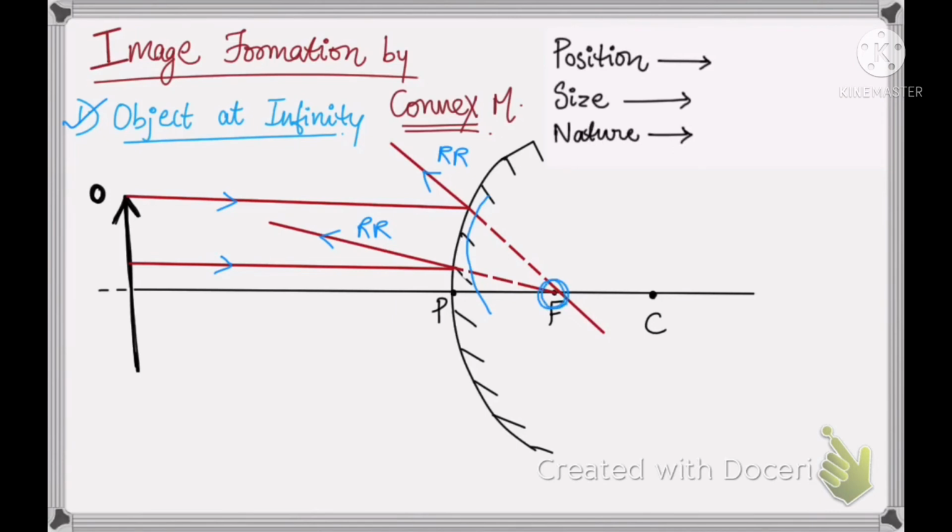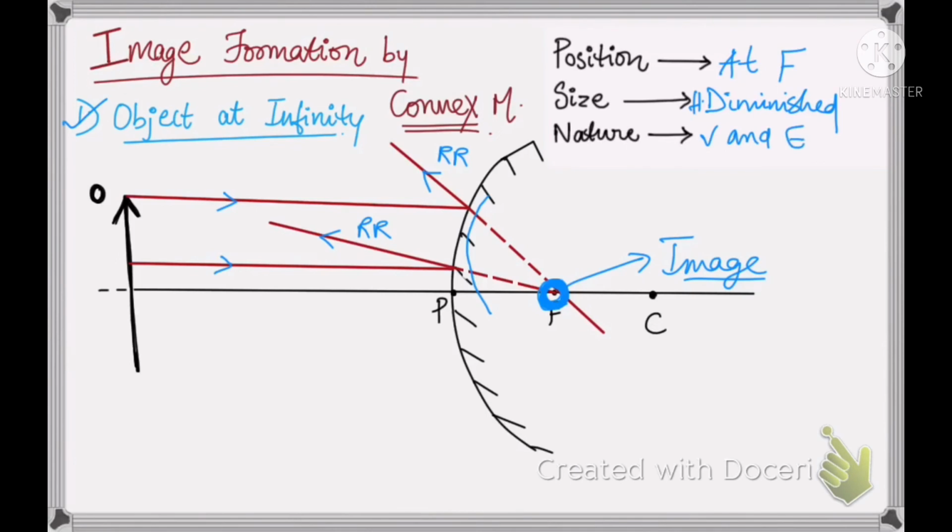As we have learned in the definitions, this focus is what? Imaginary focus, and the image is formed here when the object is kept at infinity of a convex mirror. So what's the position? Can you tell me? At F. What's the size? Highly diminished. And what's the nature? Of course, it's behind the mirror, so it is virtual and erect.